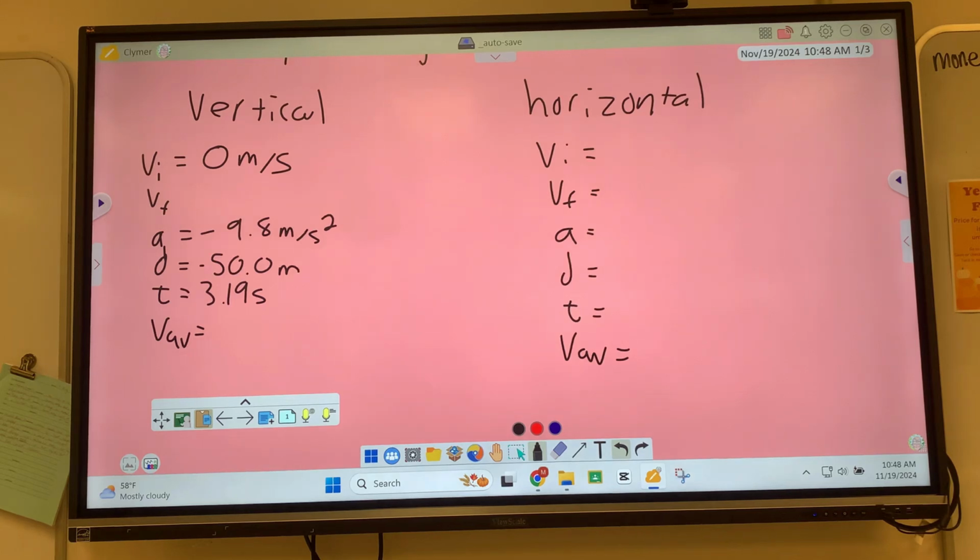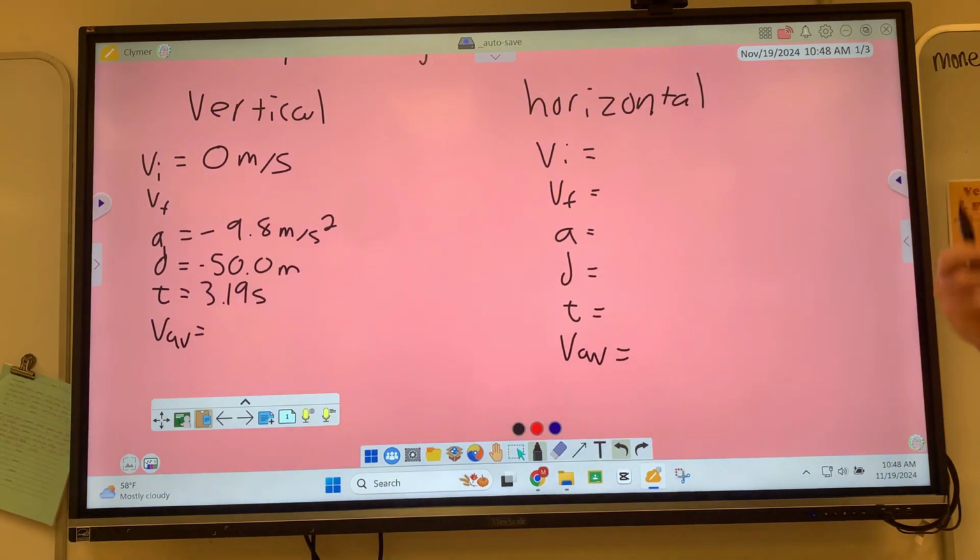Look at what the question asks, and that'll help you figure that out. Do we know the velocity of him driving off the cliff? No, that's what it's asking us, right? How fast do I need to go off this cliff in order to land at some certain spot? If you read the question, that's literally what it's asking. So we don't know VI, we don't know VF.